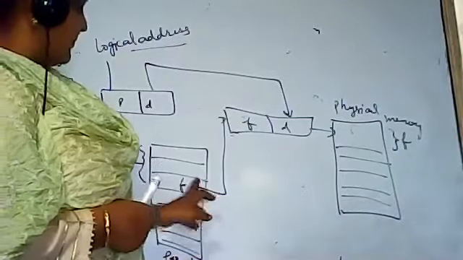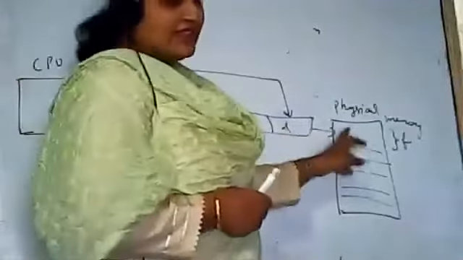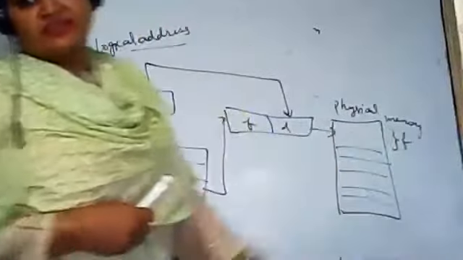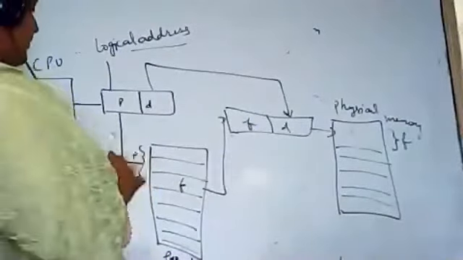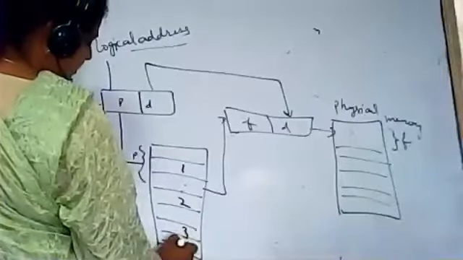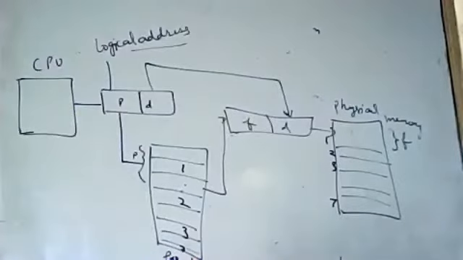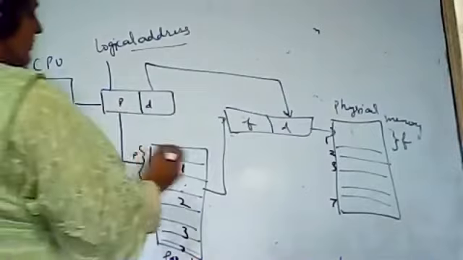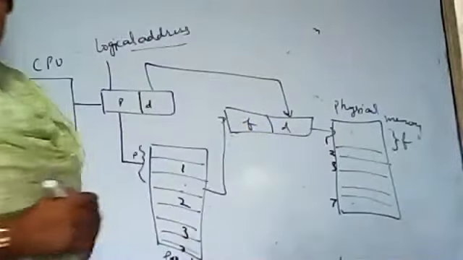These frames combined with the D offset form the physical address space where the frames are stored. In this way, we can have pages.